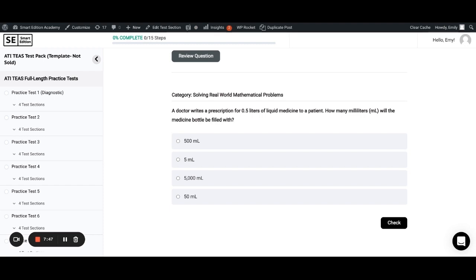Okay, here's an example of a math word problem. A doctor writes a prescription for 0.5 liters of liquid medicine to a patient. How many milliliters will the medicine bottle be filled with? Okay. And if you got A, 500 milliliters, you are correct.